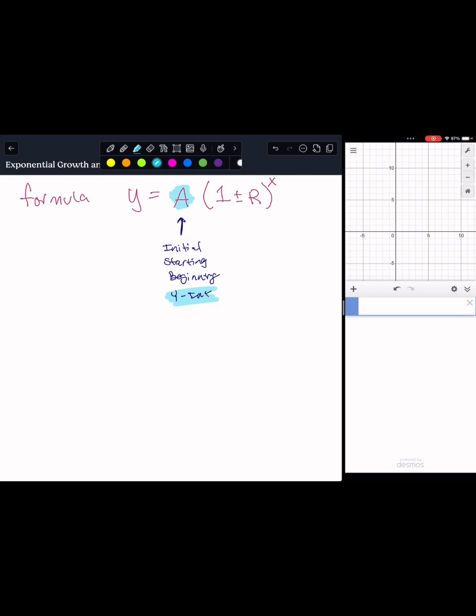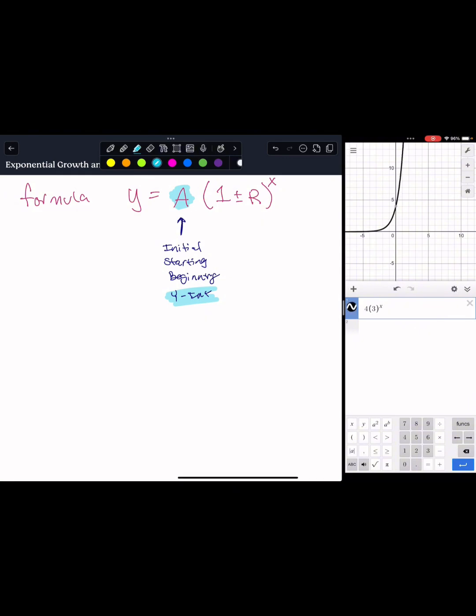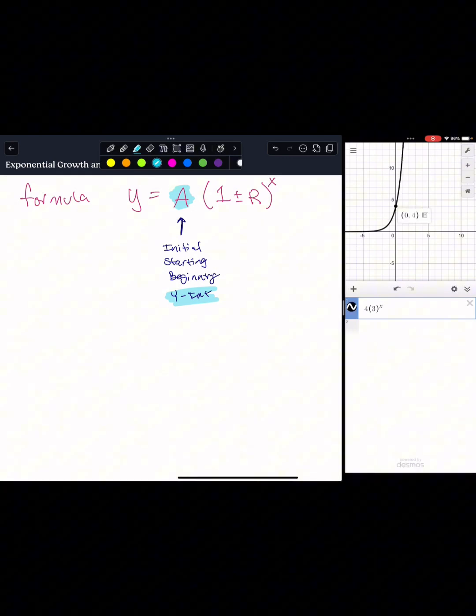That's first. So, for example, if you look over here at the decimal screen, let's say I had 4, parentheses, just put any number inside the parenthesis, and then I'm going to raise it to the x. Notice this dot right here is at 4.